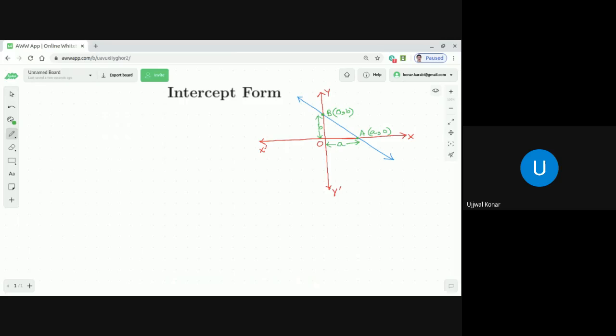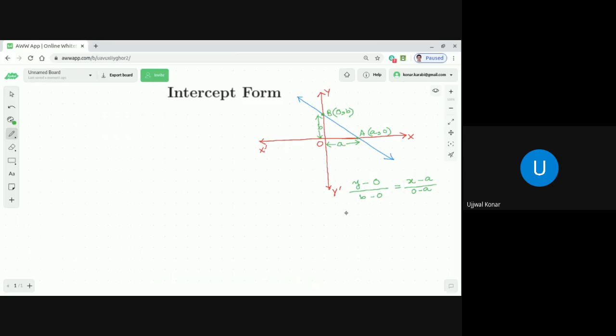Now, dear students, if you need to find the equation of a straight line passing through the two points (a, 0) and (0, b), we can use what we learned in the last class, the two-point form. The two-point form says that the equation of a straight line passing through (a, 0) and (0, b) is (y minus y1) divided by (y2 minus y1), that is (y minus 0) divided by (b minus 0), equals (x minus x1) divided by (x2 minus x1), that is (x minus a) divided by (0 minus a).